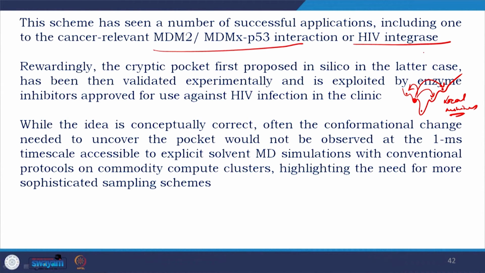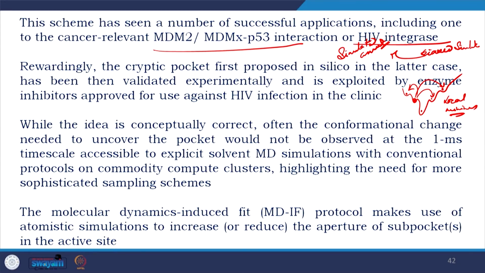Is it possible? If you remember, it is possible with biased simulations, like simulated annealing, which I have discussed, but there are many other methods like replica exchange method and metadynamics. So, there are bias methods also.